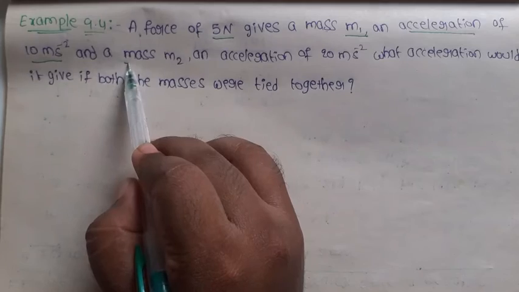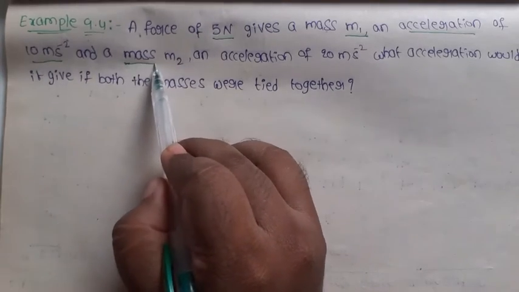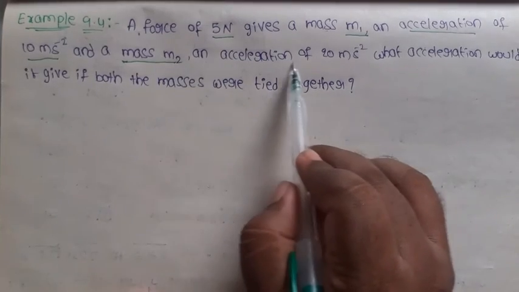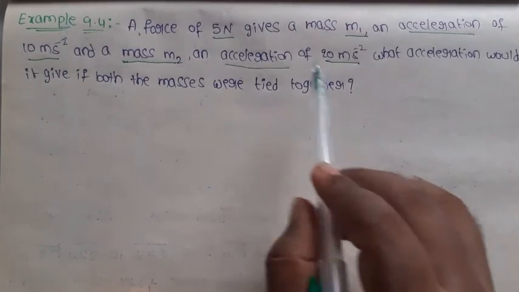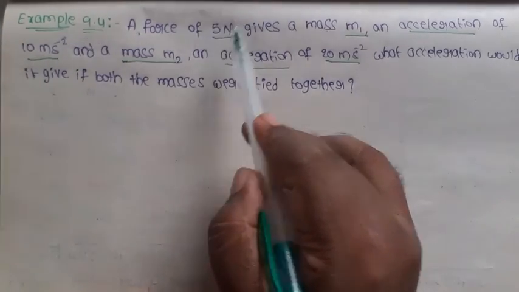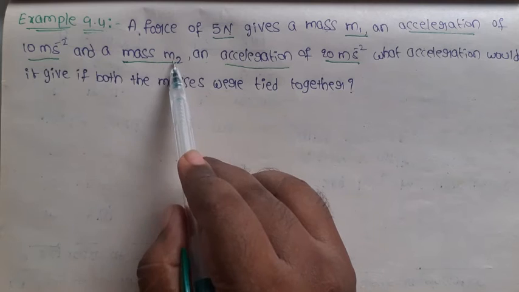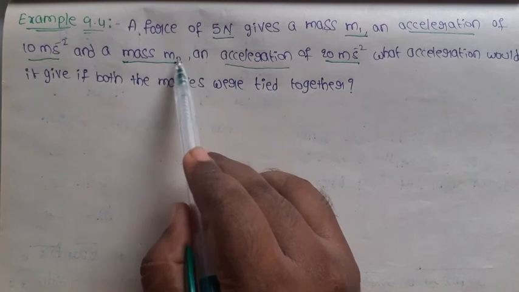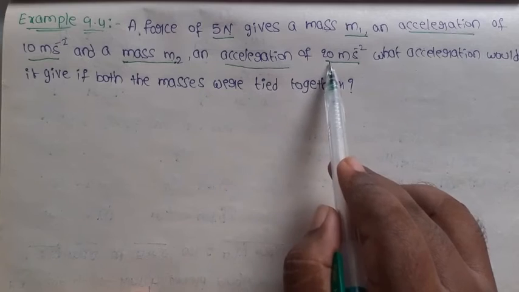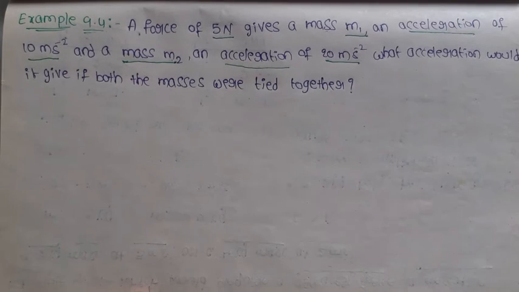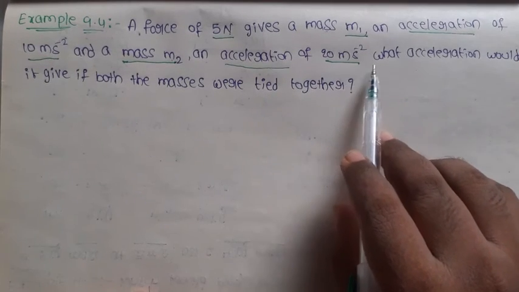Next, the same force acts on the mass m2 and the acceleration is 20 meter per second square. Here the same 5 Newton force also acts on the mass m2, but the mass is not given. The acceleration is given, its value is 20 meter per second square.